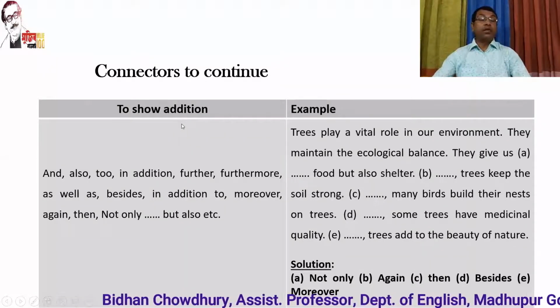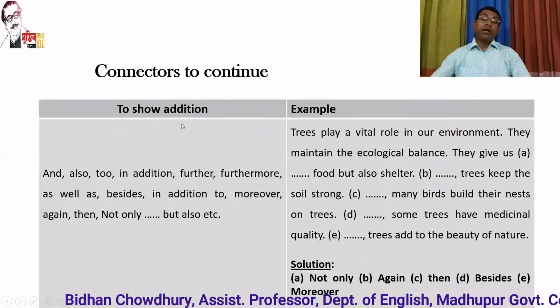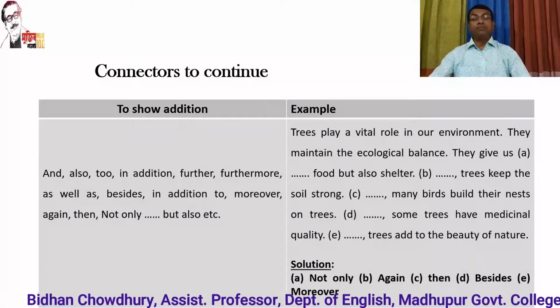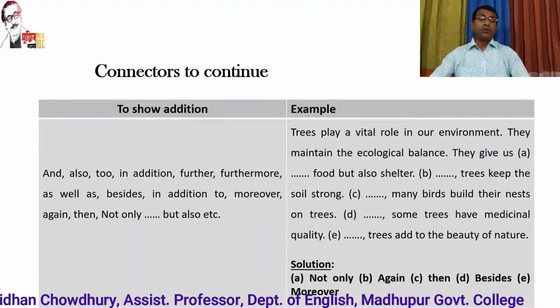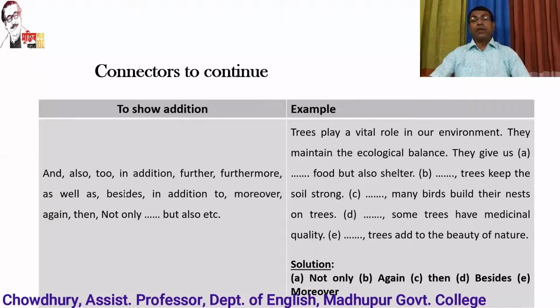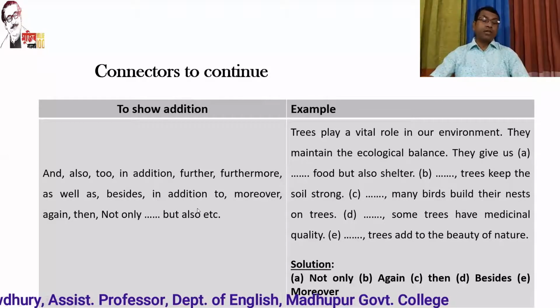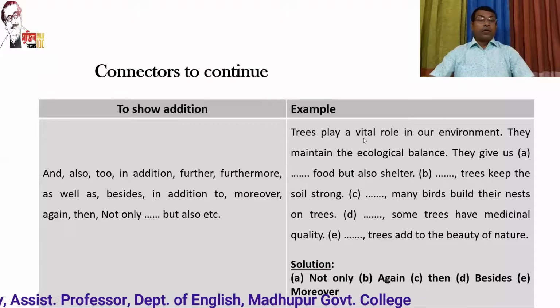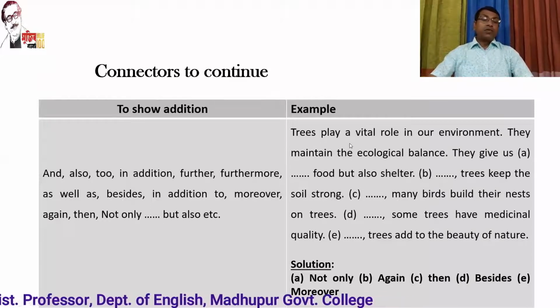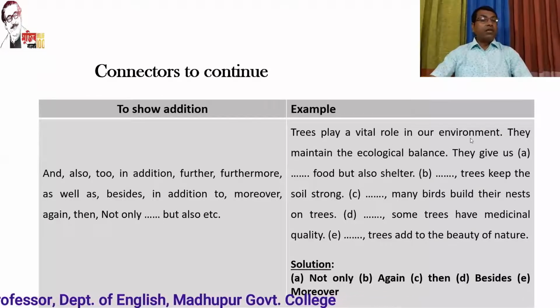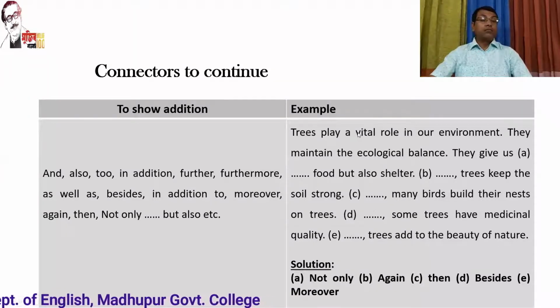That means if we add something of the same type of description, such type of connectors are very frequently used. For example, trees play a vital role in our environment. The important role trees play in our environment.